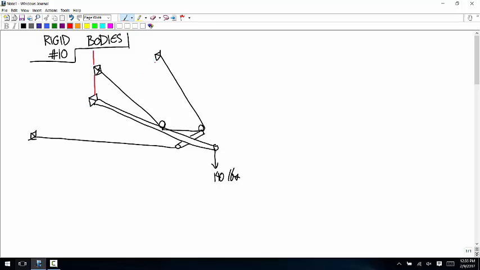These are all in a horizontal line. This distance is 120 inches.